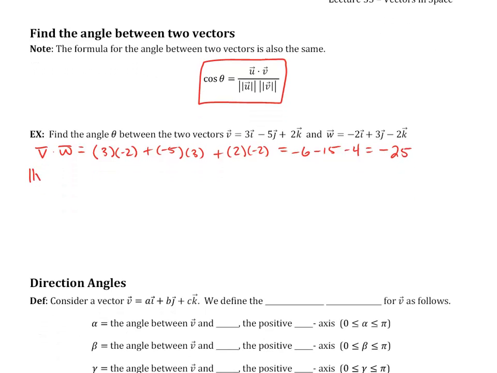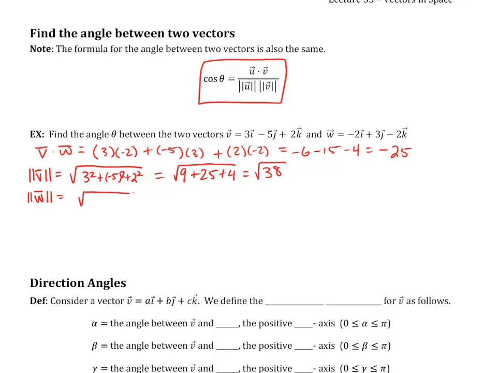And the magnitude of v is the square root of 3 squared plus negative 5 squared plus 2 squared, which is the square root of 9 plus 25 plus 4. 9 plus 25 is 34, so the square root of 38. And the magnitude of w is the square root of negative 2 squared plus 3 squared plus negative 2 squared, or the square root of 4 plus 9 plus 4, which is the square root of 17.